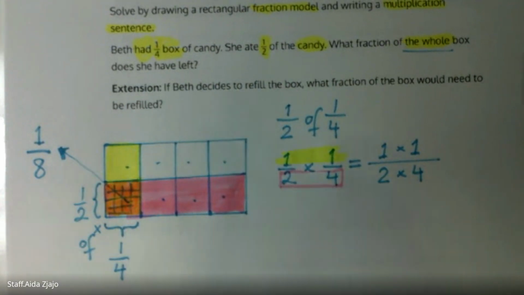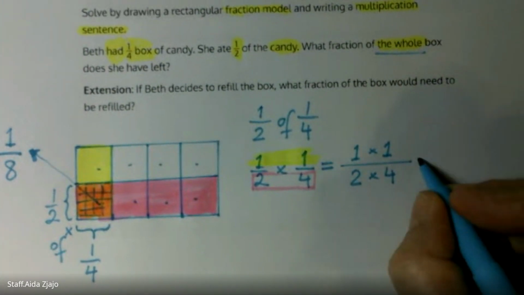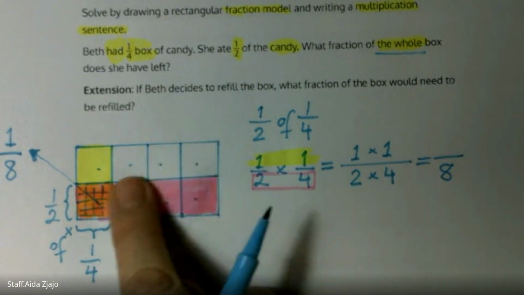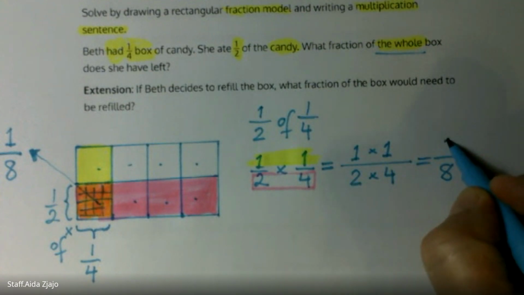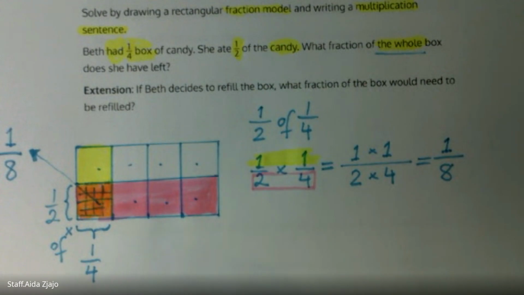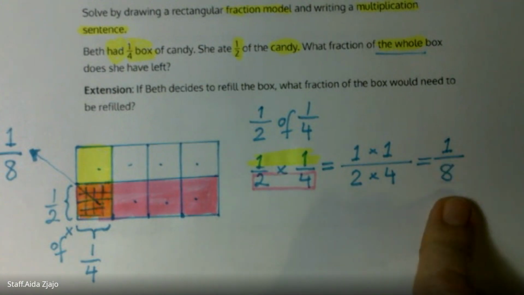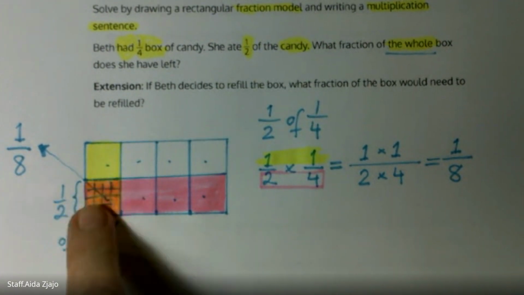So 2 times 4, 2 groups of 4, is 8, which makes our whole now. And then 1 times 1 is 1, so our answer is 1/8. So what is 1/2 of 1/4? It is really 1/8, because we were looking for a part of a part.